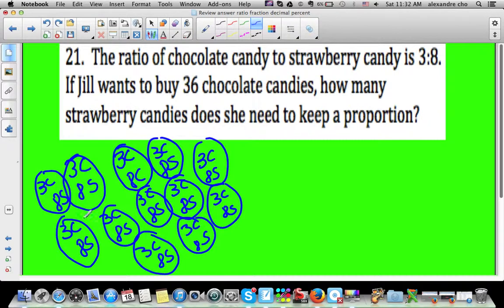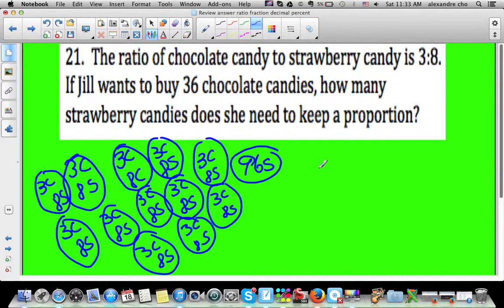No, there's something wrong there. Oh, you know what? I'm going to do the easiest way. 1, 2, 3, 4, 5, 6, 7, 8, 9, 10, 11, 12. There's 12. So 8 times 12 is 96. Somewhere there I messed up. So 96 strawberry candies when there are 36 chocolates.